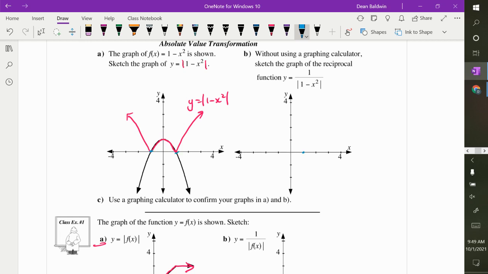So I'm just going to mark them on this graph. X is equal to 1. X is equal to negative 1. Okay. How do we know that? Because it's the y value of 0. And you go 1 over 0, which you can't divide by, right?